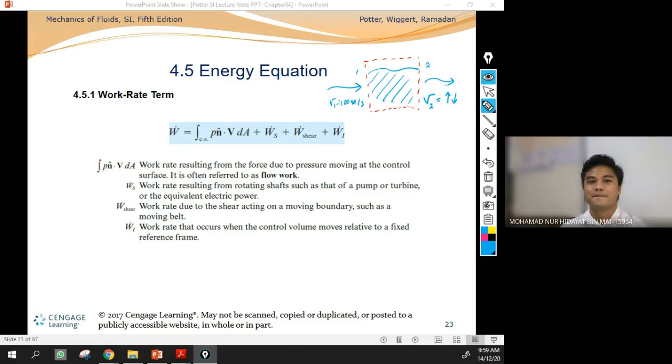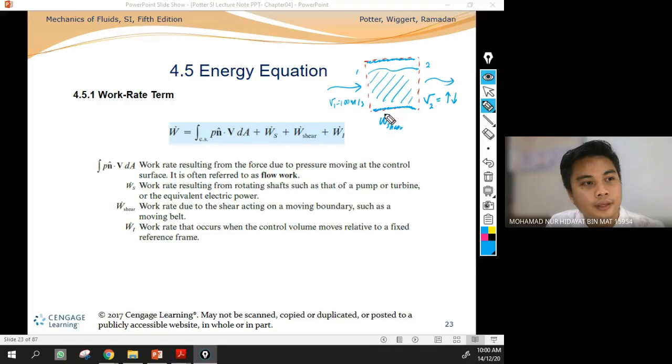Because of friction. Remember, we have the wall friction along the pipe. That friction is called work. You see, it releases the energy of the system. So this term, you can see there is friction here. We call it shear friction, which is directly related to the work of shear.